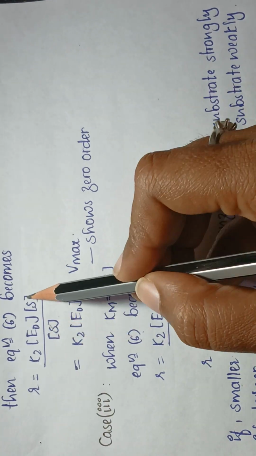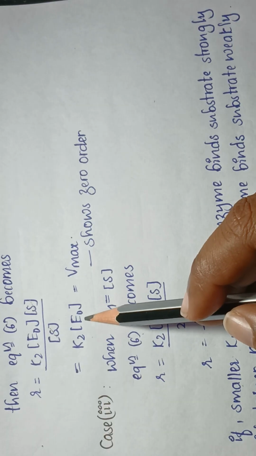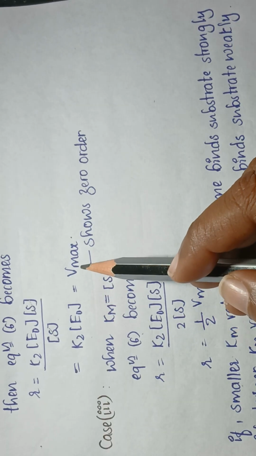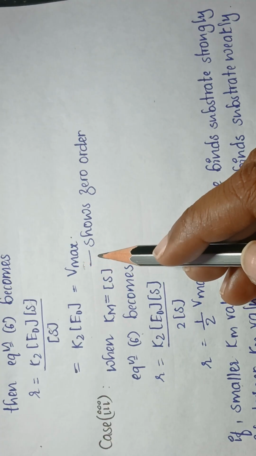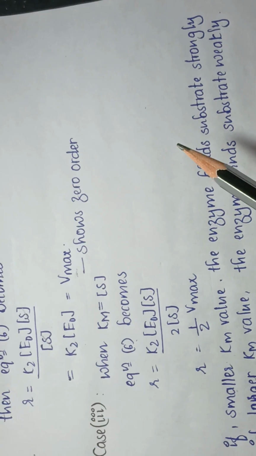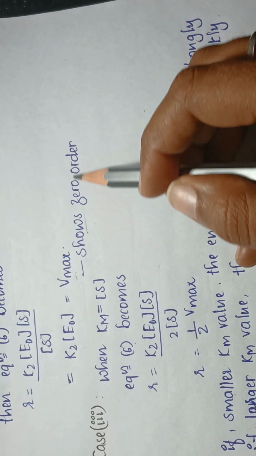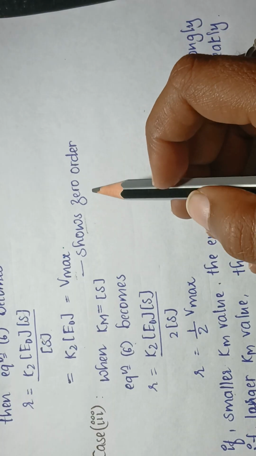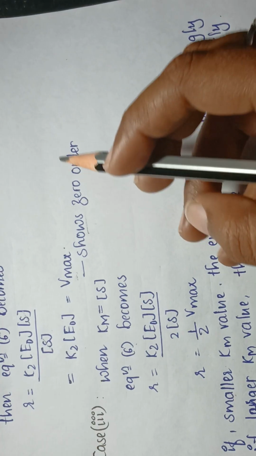The [S] terms cancel, leaving k2[E0], which is Vmax in equation number 7. So it shows zeroth order kinetics.